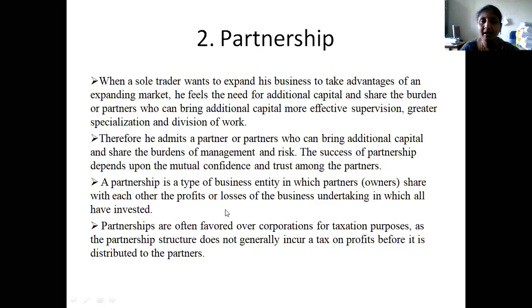So each and every partner is going to invest some capital in the business. So whatever capital they have invested in that business, after running that business, they are getting some profits or whatever losses. So they are going to enjoy the profits or bear the losses of the business. That is called a partnership business. Simple definition. Okay. So partnerships are often favored over corporations for taxation purposes.